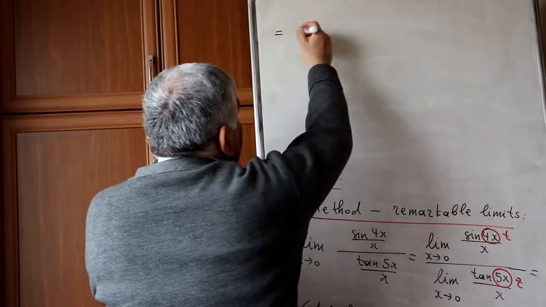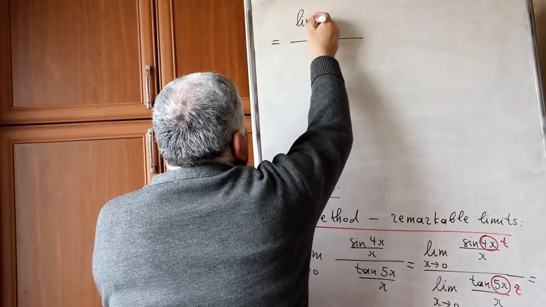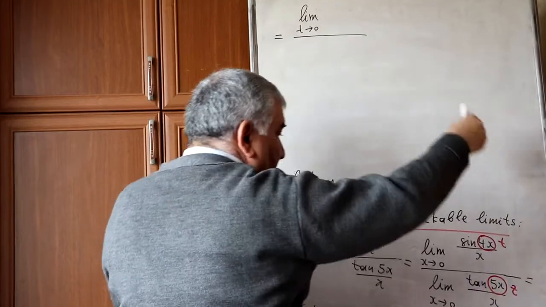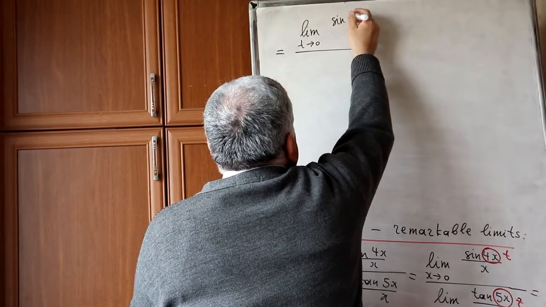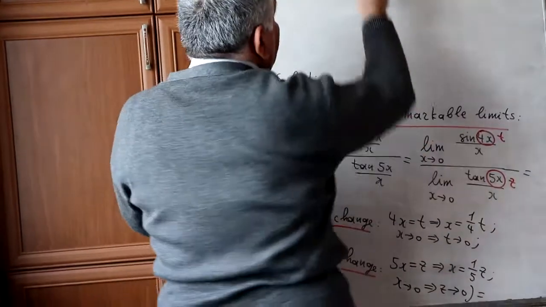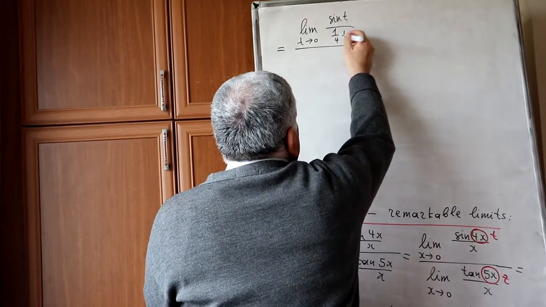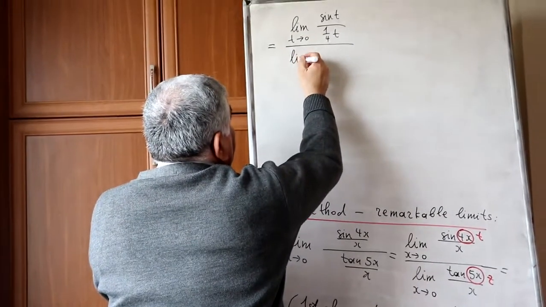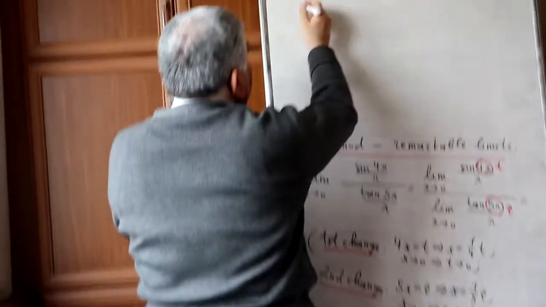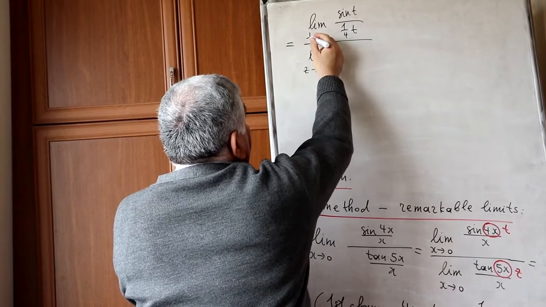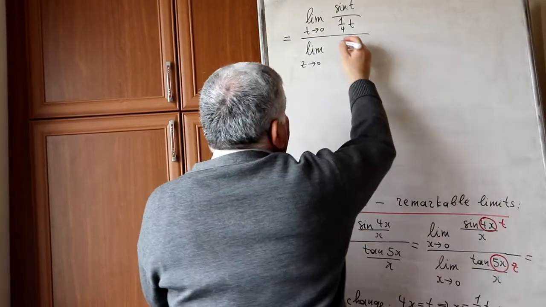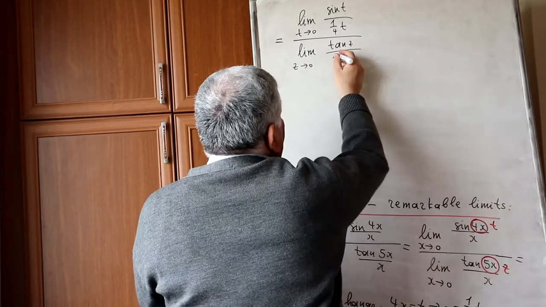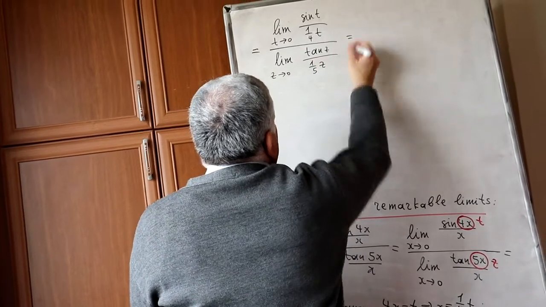Equals a limit when t tends to 0 of sine t over, here x is 1/4 t, 1/4 t in the denominator, divided by the limit when z tends to 0 of tangent z over 1/5 z, equals.